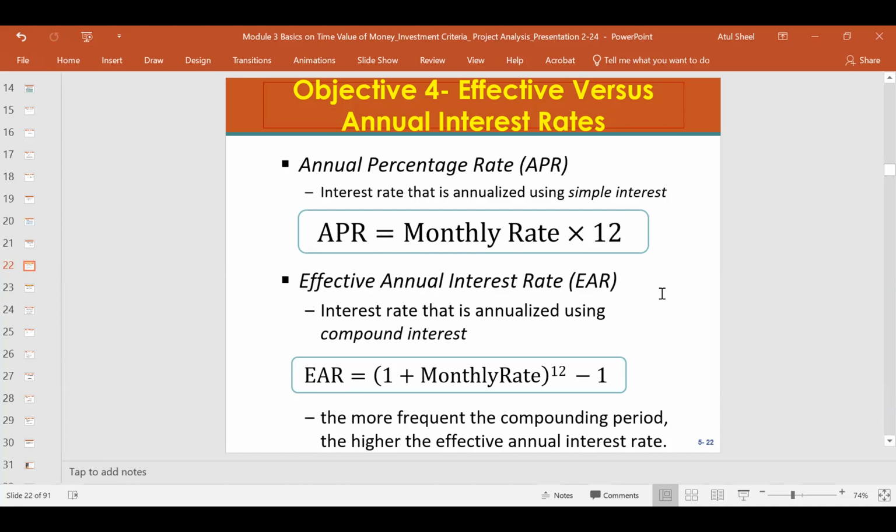So your EAR equals 1 plus your monthly rate to the power t, which is the time periods for which it is annualized, minus 1. Minus 1 because you're using 1 plus this side, so you've got to deduct 1. So you get the rate. The more frequent the compounding period, the higher the effective annual interest rate.